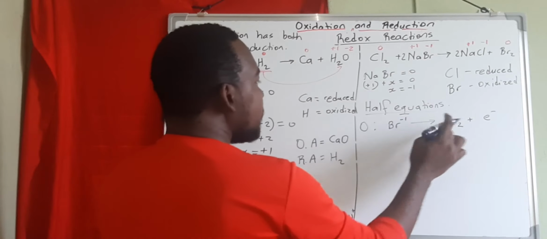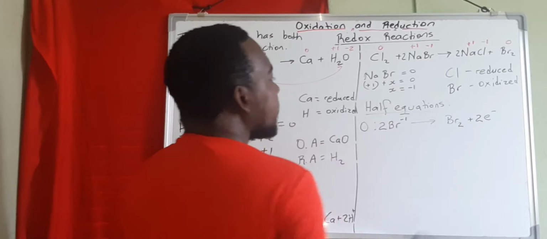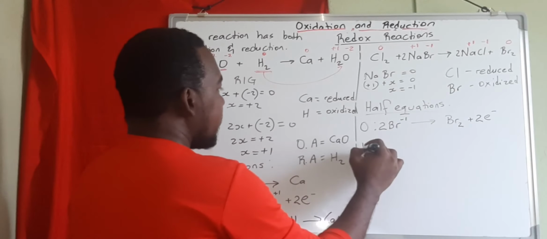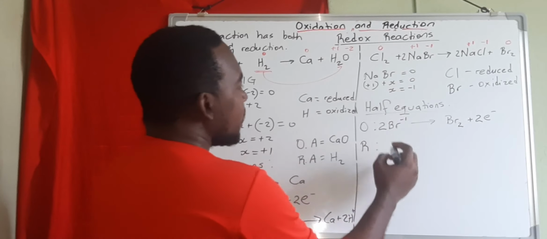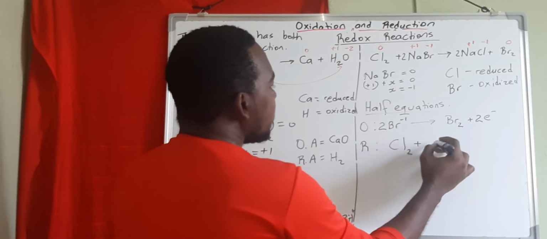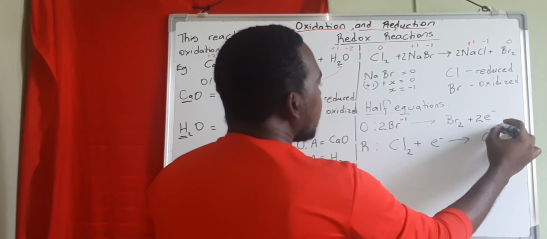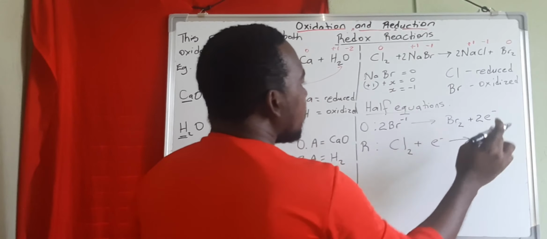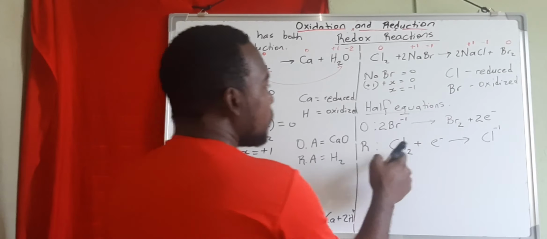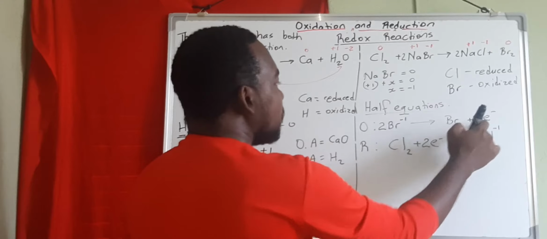We notice 2 Br here, so we put a 2 here, so it becomes 2 negative, so we put a 2 here to become 2 negative there. And then the reduced part would be chlorine. So it's Cl2 plus electrons to give Cl-. Again, we have 2 chlorine here, we put 2 here to become 2 negative, so we put a 2 here. So 2 and 2.